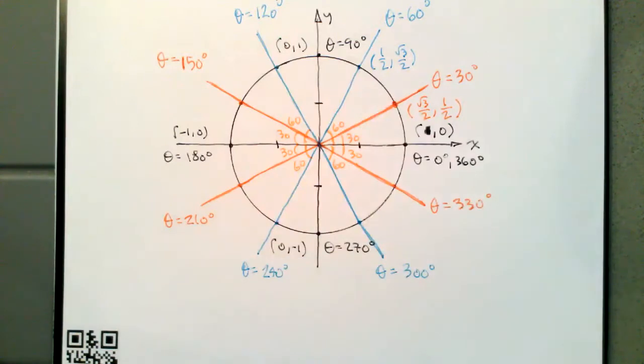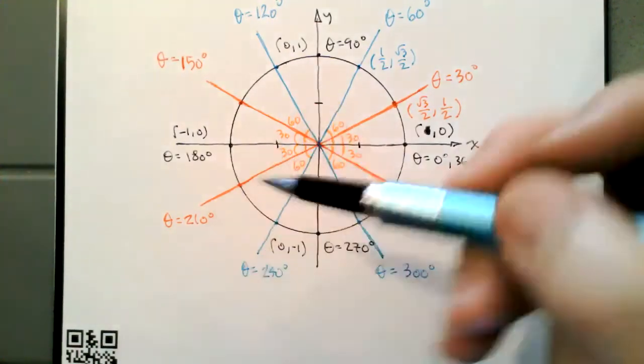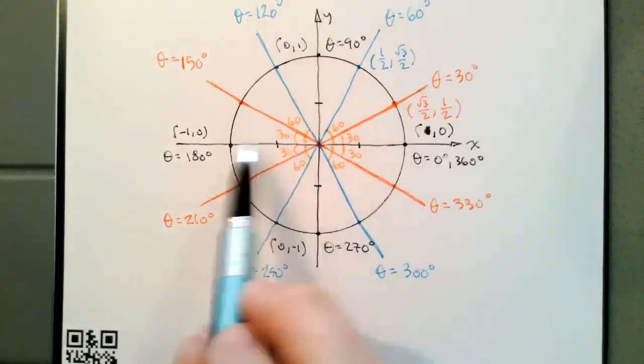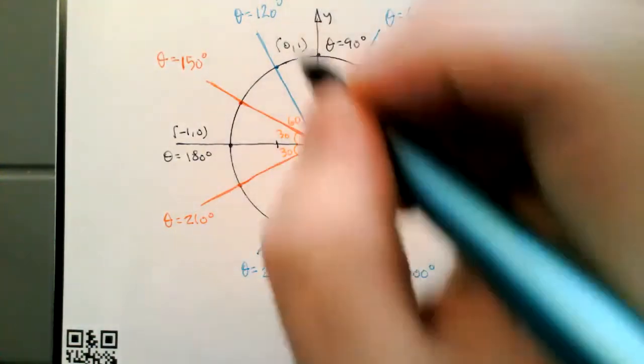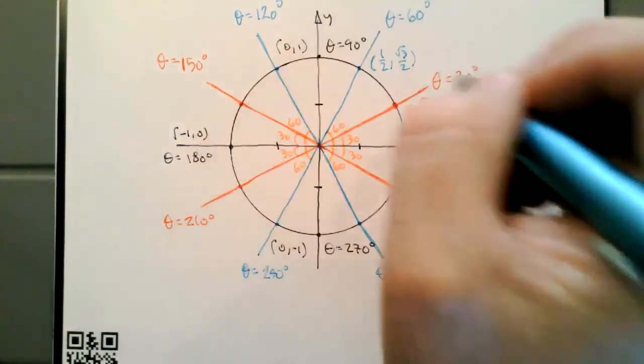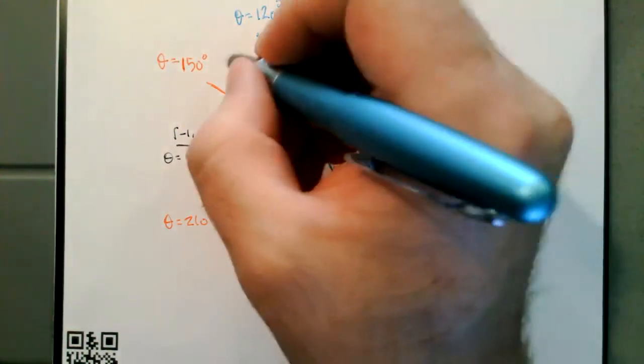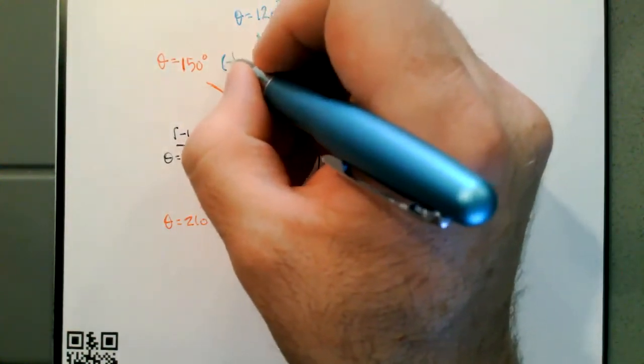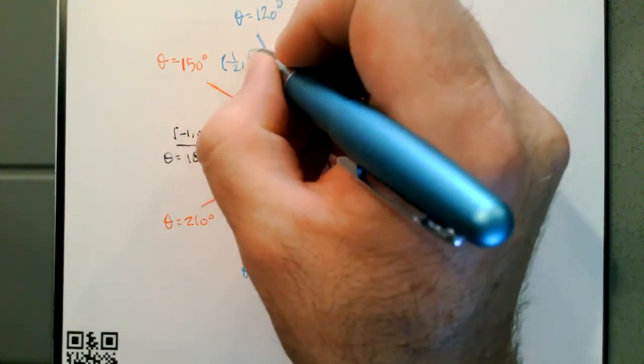Then continuing on around the circle, at 120, we're going to have the 60-degree reference angle. But in the second quadrant, cosine is negative and sine is positive because x is negative and y is positive. So the coordinates of this point, we're going to have the same values, but the x will be negative here. So negative 1/2, positive root 3 over 2.